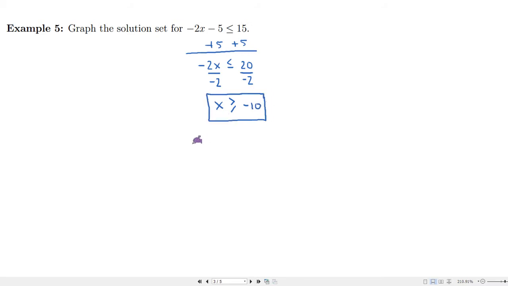So there we are. So let's graph that. So negative 10, we're going to be x is greater than or equal to negative 10. So let's fill in negative 10. And x is going to be the values that are greater than or equal to this. So we're going to fill in this side.